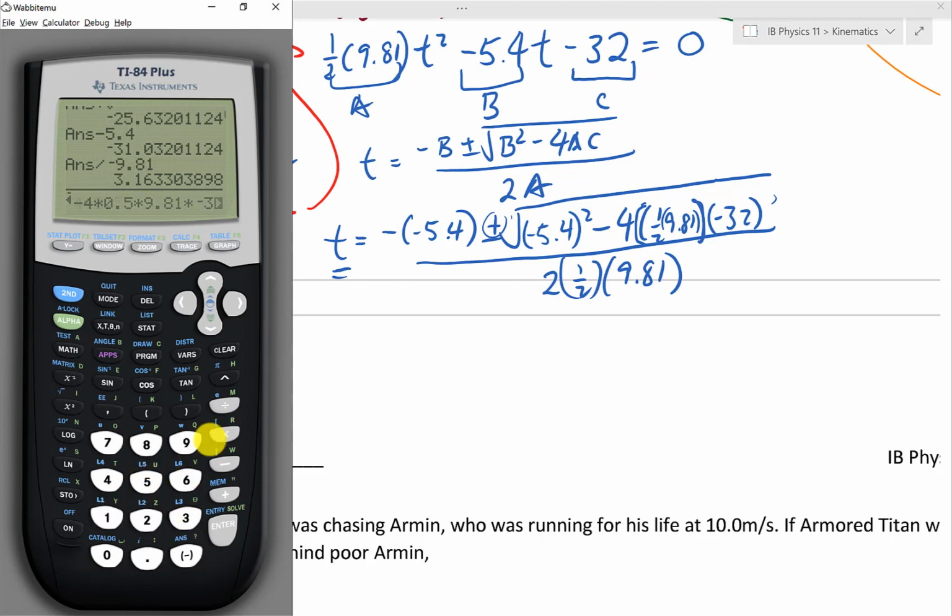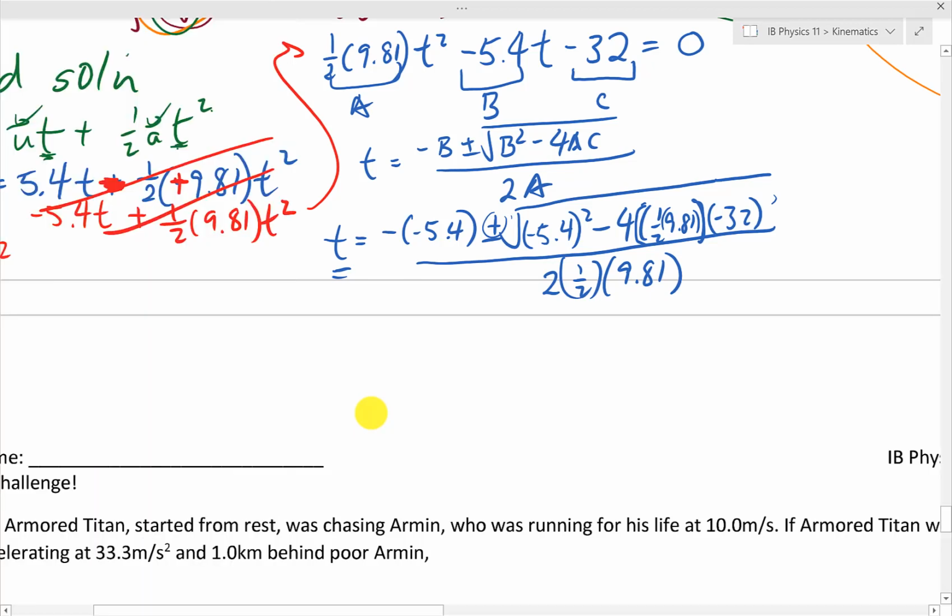I'm actually going to break this off here and just press enter. Divided by 2 times 1/2, that's just cancel each other out anyways, but I get 3.16. Hey, it's the same as we got before. So it works. That becomes 3.2 seconds, rounding up to 3.2 seconds.